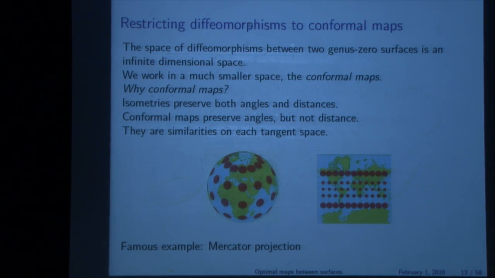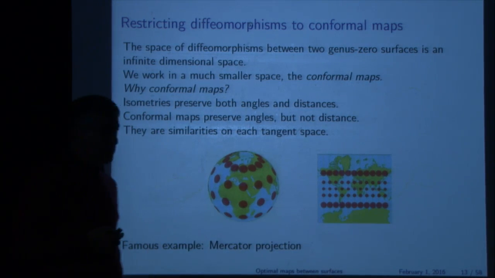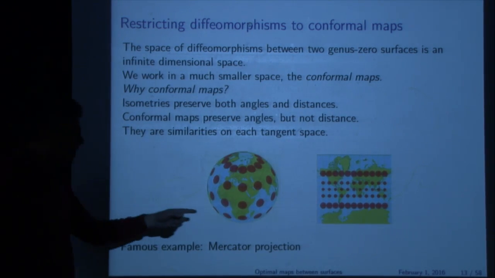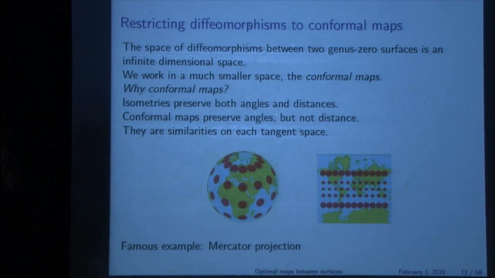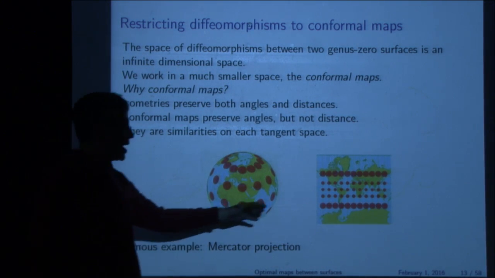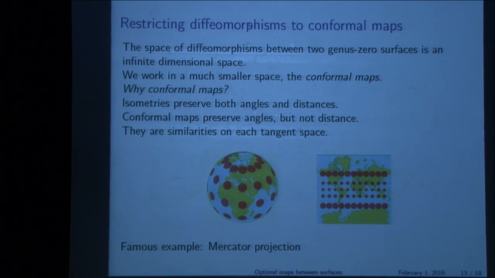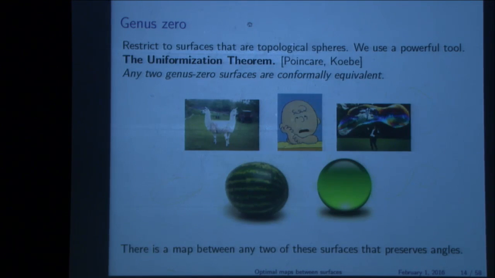But the reason this one became so successful is it's the right one to use for navigation. It correctly gives you bearings when you're navigating. So if you go northeast on this map, then the direction indicating northeast or southwest and so on on a conformal map is correct. Angles are preserved, which means that bearings are preserved. And that's one of the reasons this became the dominant map.